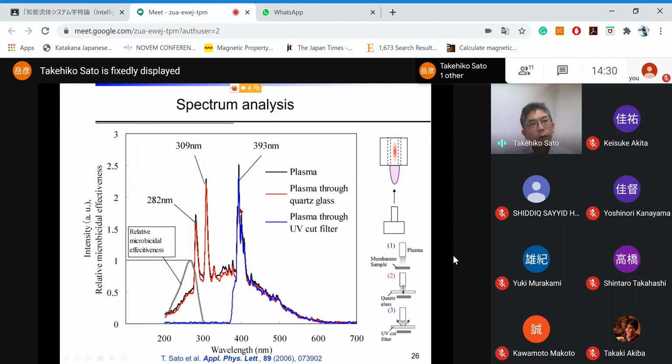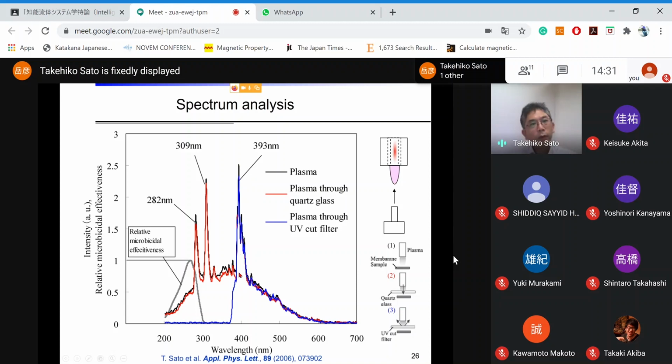Okay, so we check this spectrum analysis. In the plasma case, which is black, this is the OH line, and also this is, I think, the nitrogen line, no, just a moment, I cannot see.